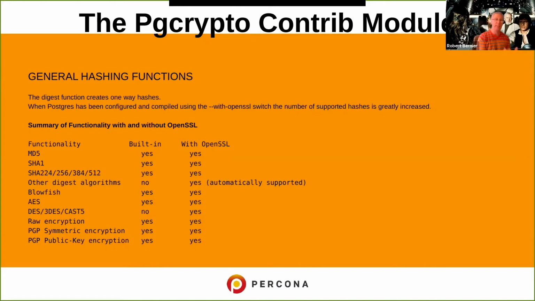OpenSSL is the industry standard. Over the years, pgcrypto built up all those library capabilities to match it. So except for the section that says other digest algorithms, virtually everything OpenSSL does is now incorporated into pgcrypto.